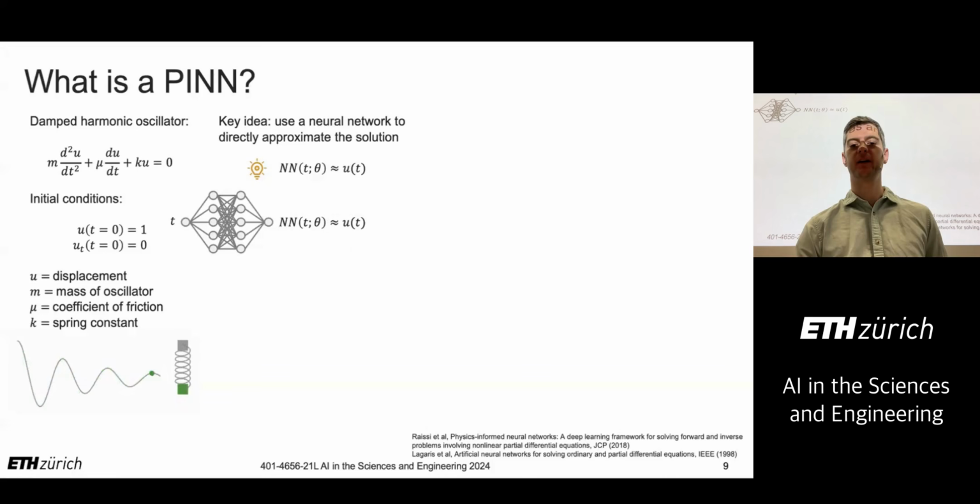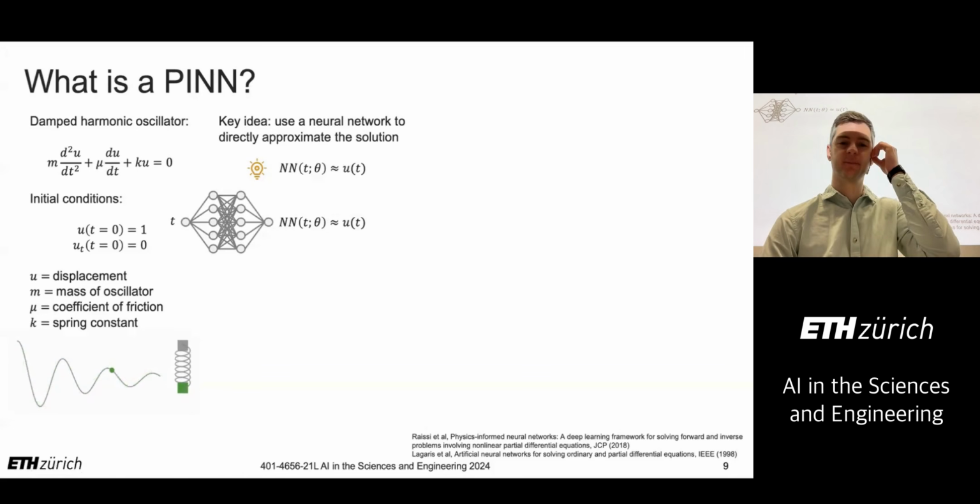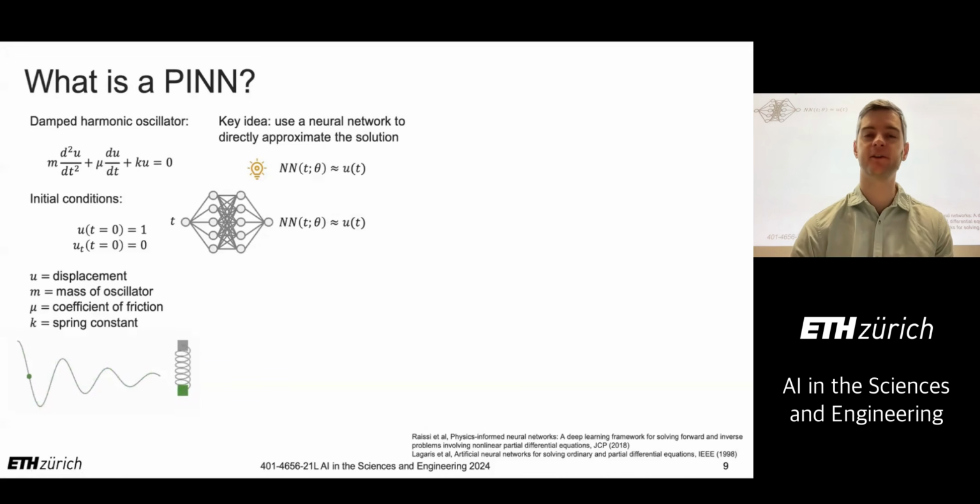Just by the way that we're framing the problem here. Okay, so I'll tell you. What we're doing here that's fundamentally different to finite difference modeling is we're making a functional approximation to the solution. So the output of the PINN is a function that we can query at any point in time, and it will give us its approximation of the solution.